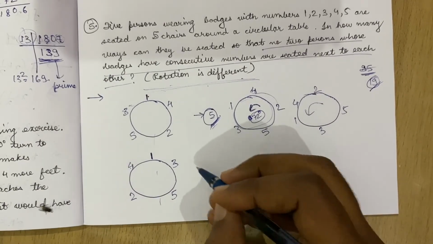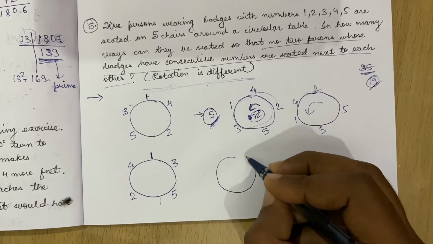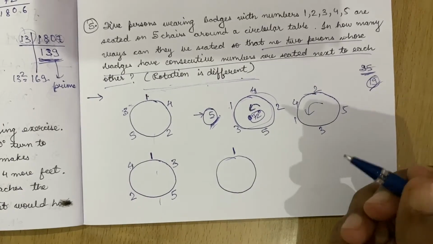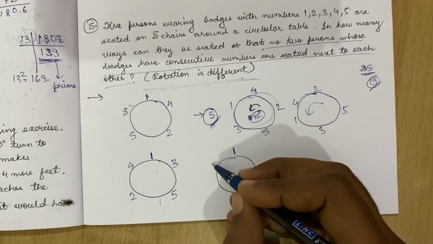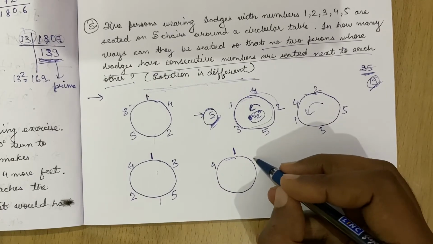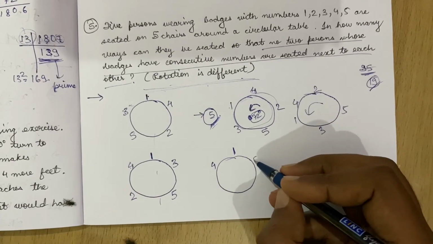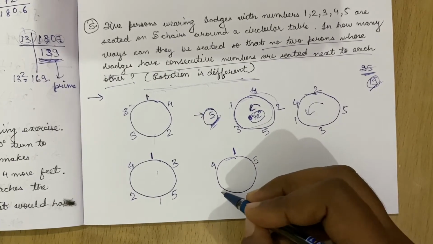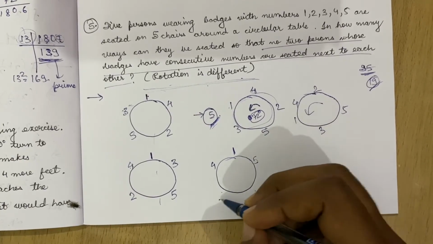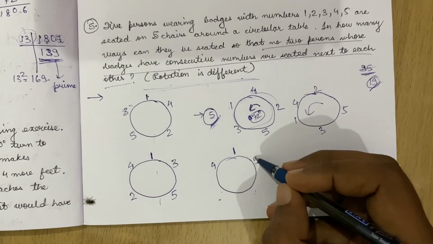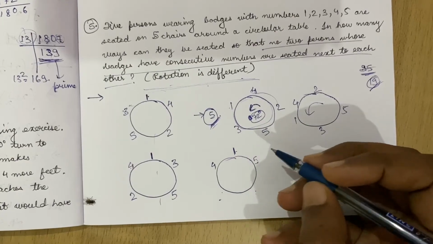Let's count another possibility. So 1 is over here and 4 is over here, and let's say I put 5 over here. Then 5 here is not possible because then 2 and 3 would be next to each other over here. So 1, 4, 5 is not possible.